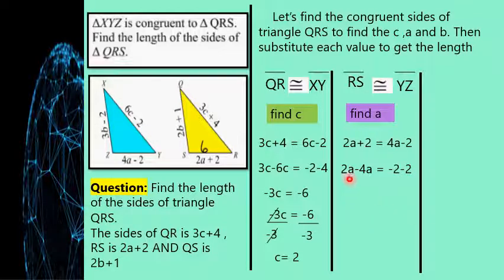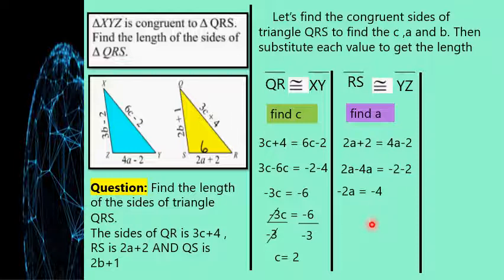Now let's have this one. 2a minus 4a. Not the same sign, so you have to subtract and copy the sign of the higher number. So it becomes negative 2a. From this one, we have both negative, so it means we're going to add and copy the sign. That is according to the addition of integers.